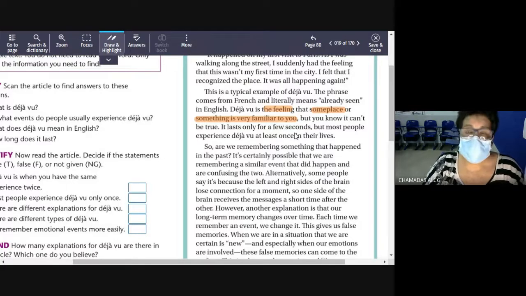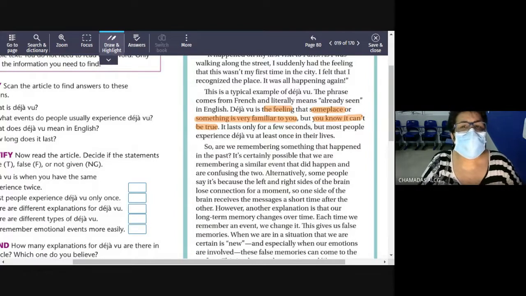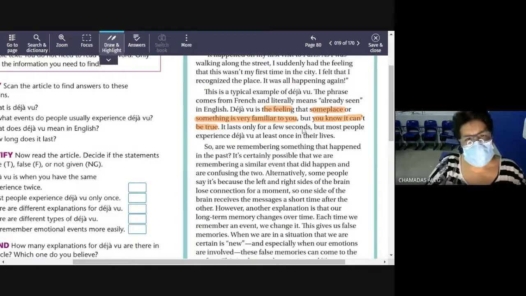But you know it can't be true somehow, right? This is something important. But it's so familiar that you go like, oh no, it's impossible. I have been here. I know this place. Okay.